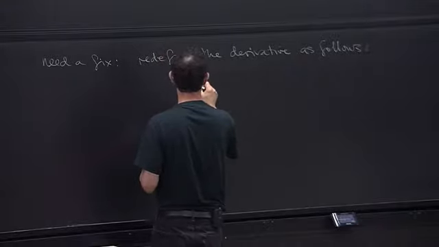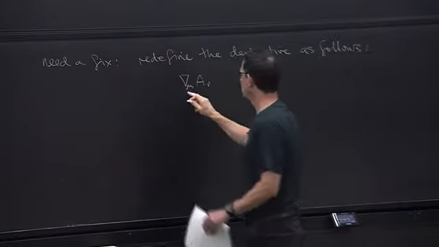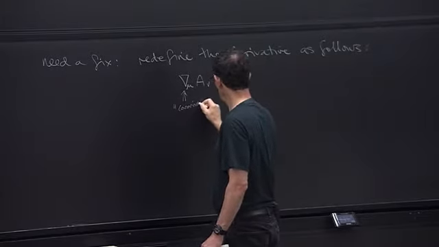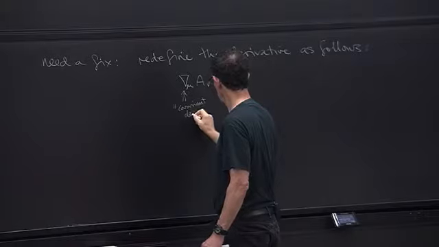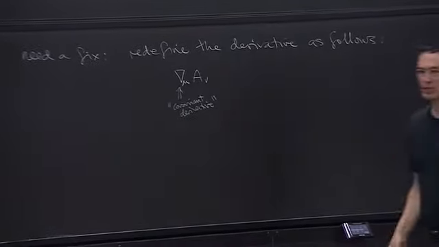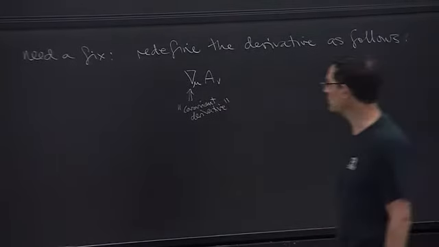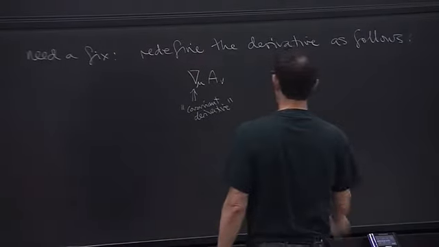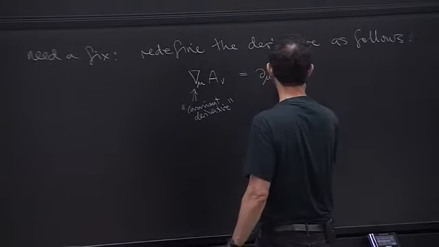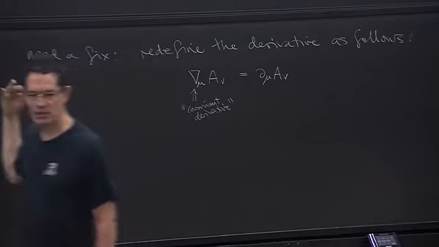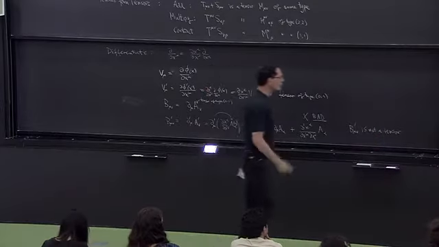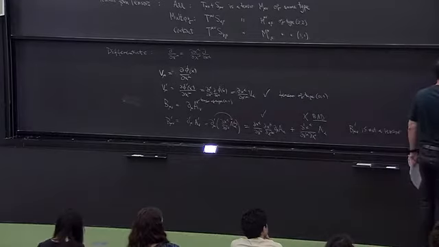And we're going to redefine the derivative so that I'll first do it for a vector, d mu a nu. This is the covariant derivative. It's covariant because it's got one downstairs index. The covariant derivative of some vector A, by definition, is the partial derivative of A. By the way, I've slipped into this notation of not bothering to write the x. Right? d mu is just d by dx mu. I hope that's clear.